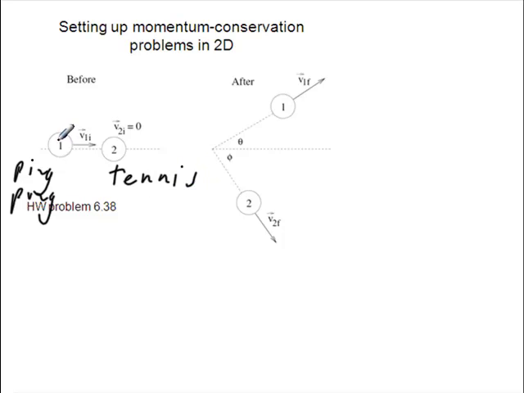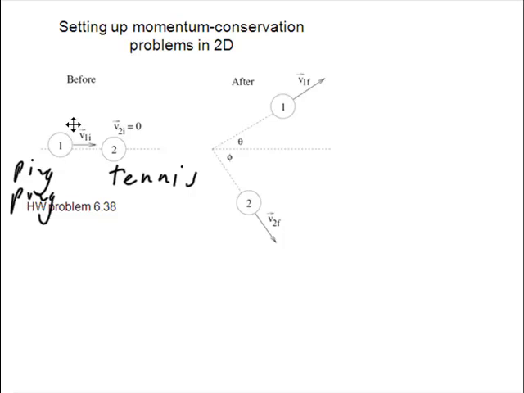Well, if the ping pong ball misses completely, then it'll just leave with the same energy it started with. If it hits directly and bounces backward, it'll give a large portion of its energy to the tennis ball. Not all of it by any means. The tennis ball is very big and the ping pong ball will bounce off almost perfectly. But it's given some momentum to the tennis ball, which means it has to take some energy with it.